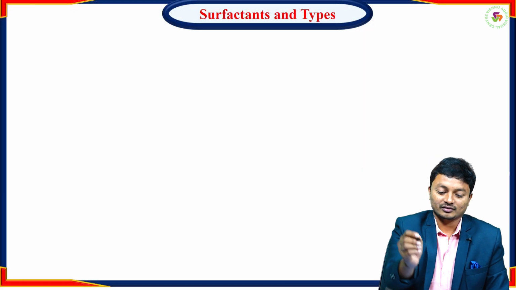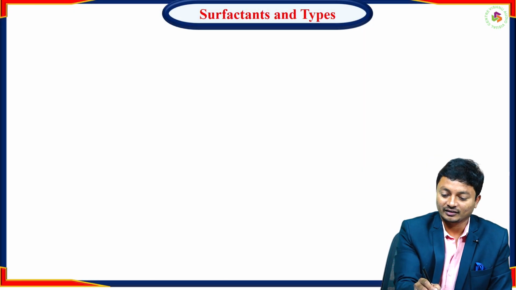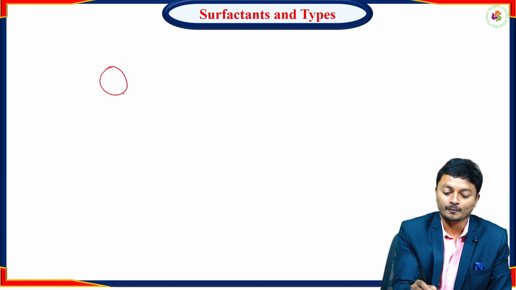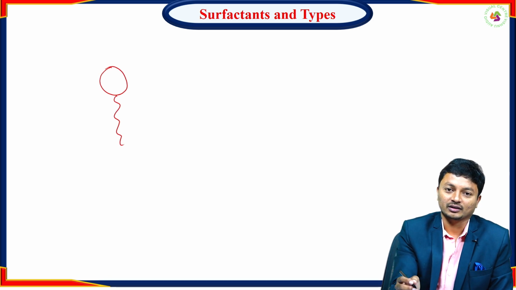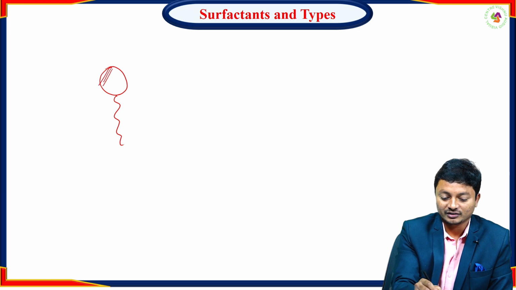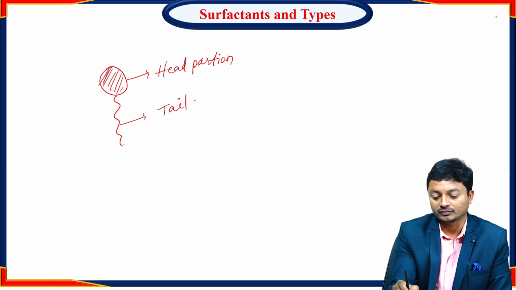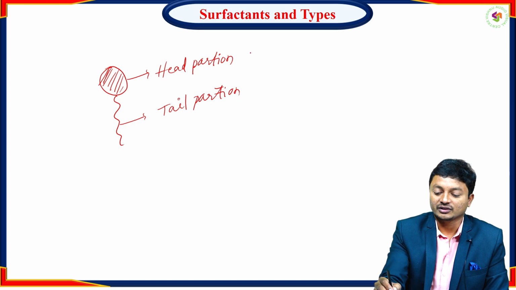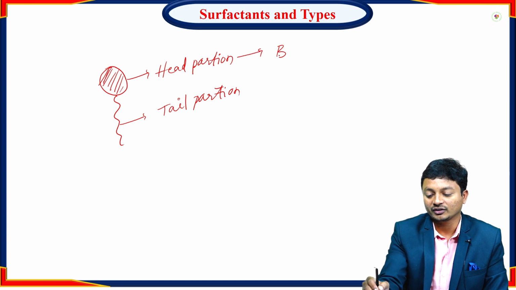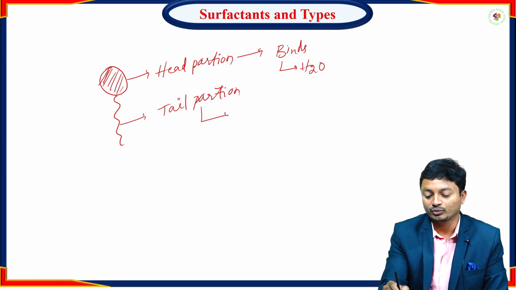Coming to the structure of the surfactant, we consider the head portion and the tail portion. The head portion always binds with water molecules, and the tail portion always binds with lipids.